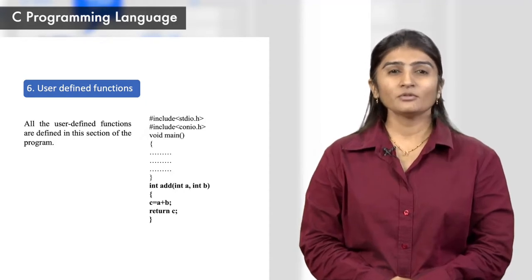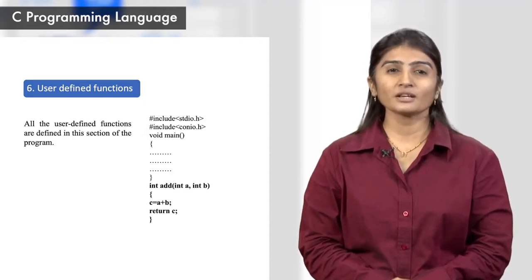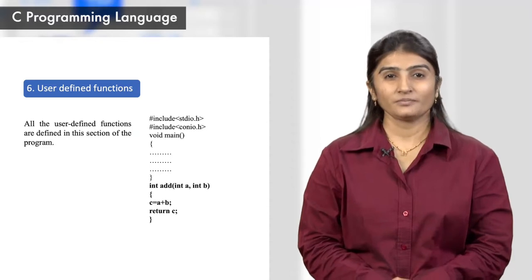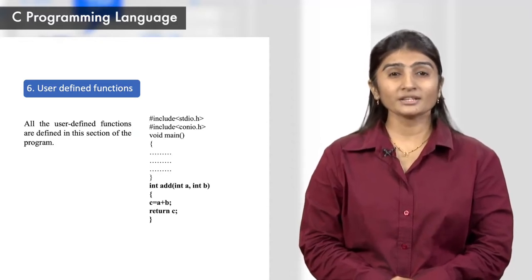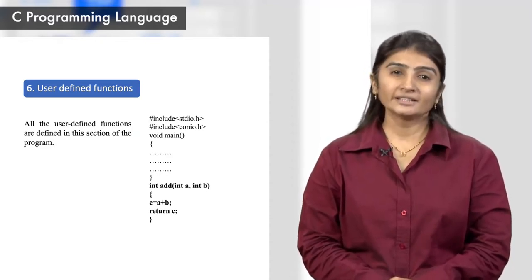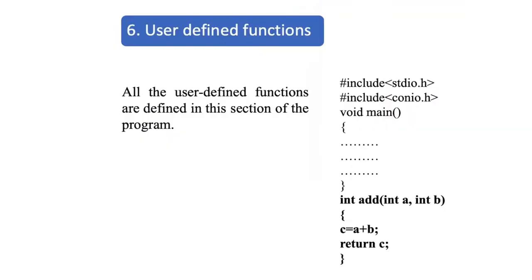At that time we have to define a specific user defined function. If our aim is different from the existing functions, we have to create our own function. It is called a user defined function, and we write it after the main function.